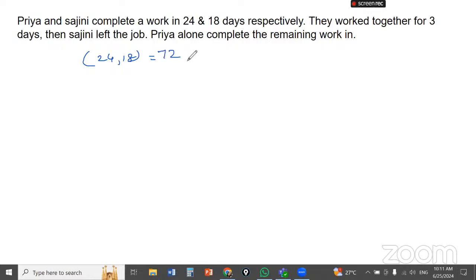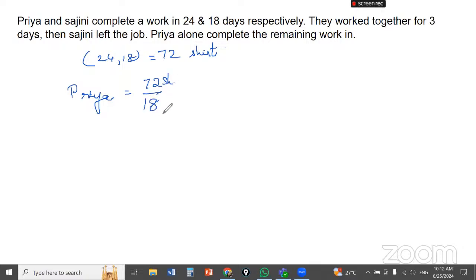So the meaning is they have to stitch shirts. They have to complete 72 shirts. This is the work. Priya will be completing the 72 shirts in 24 days and Sajni will be completing the 72 shirts in 18 days.